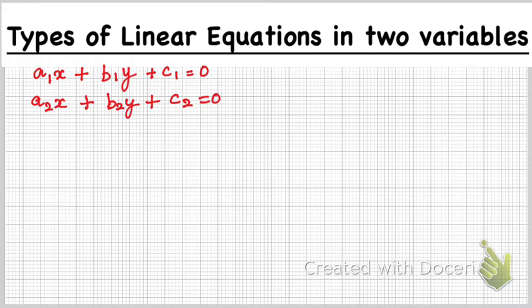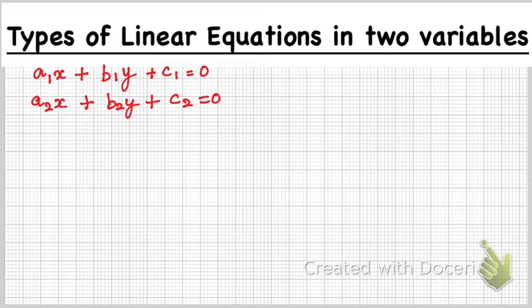So you can classify the types of linear equations based on the relations between a1 and a2, based on the ratio between a1 and a2. I will compare the ratios first.